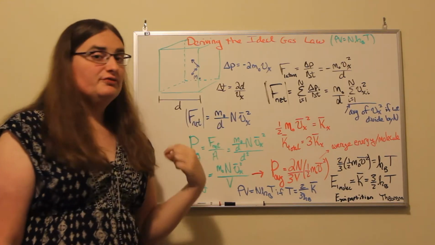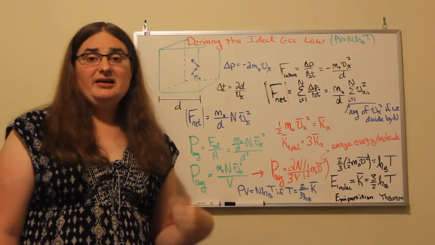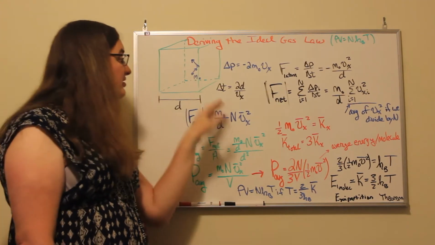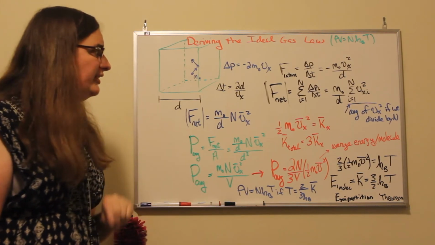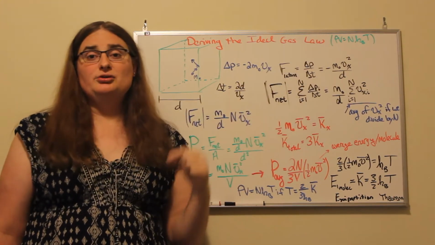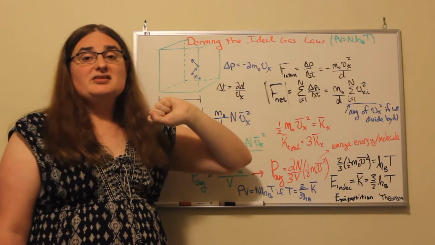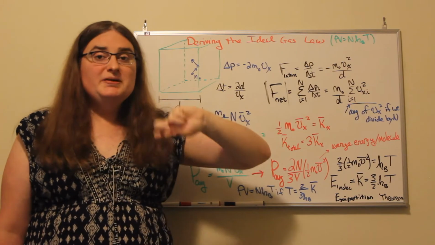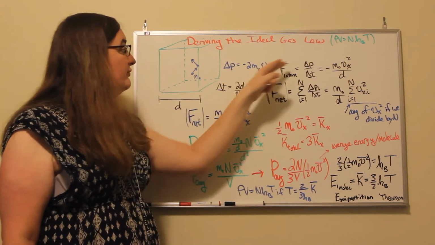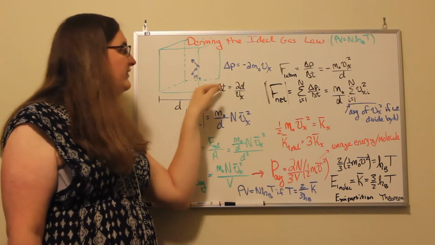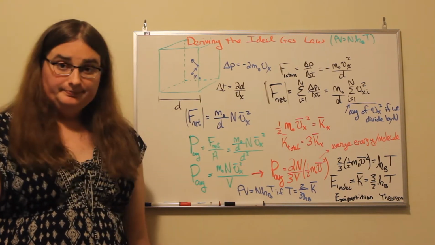So it would be a distance of 2 times the length of the box, divided by the speed in the x direction, which gives us the average time between collisions for that one molecule. Each molecule would contribute a force of the mass of the molecule times its speed in the x direction squared, divided by the distance, because the factor of 2 on our change in momentum and the factor of 2 we have in delta t cancel each other out.